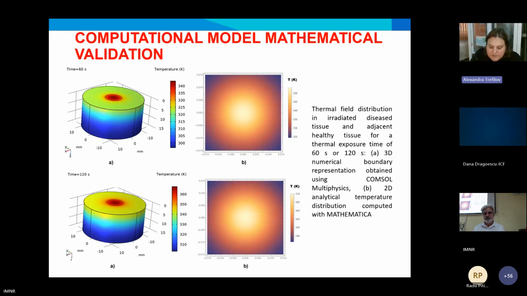However, the extent of thermal damage depends not only on how the tissue behaves, but also on how long it stays at the given temperature. So those simulations are extremely important to determine the surface which is going to be affected when the laser hits the tissue.